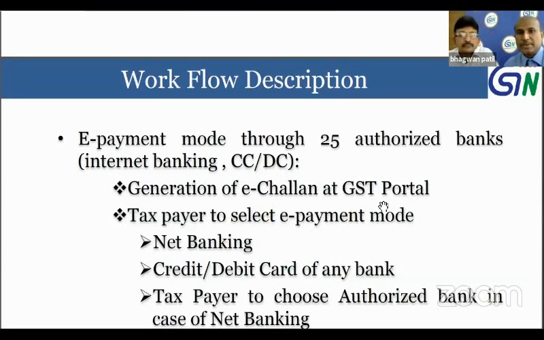Yes, thank you, sir. So the mode 2, OTC remittance through authorized banks, actually we'll talk about that. For payment up to 10,000 rupees per challan per period, you can make over-the-counter payments. And of course, you have to use the electronic challan first, then print it and then go to the bank.